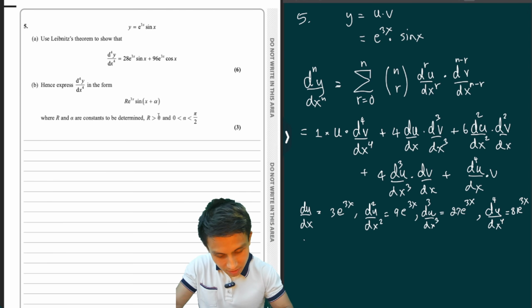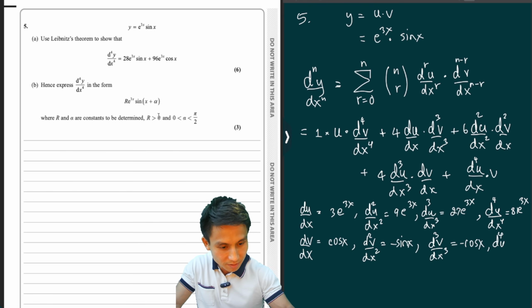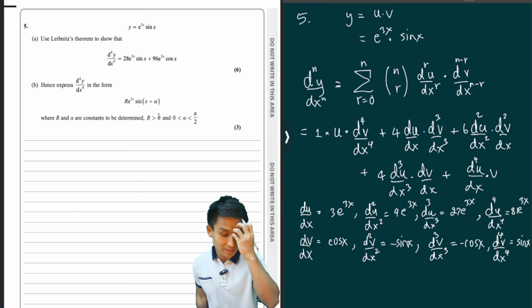For the v, we have v equals sine x, so dv by dx is cos x. d squared v by dx squared is minus sine x. d cubed v by dx cubed would be minus cos x. And then d to the 4v by dx to the 4 will be sine x, right? Because the minus sign cancels there.